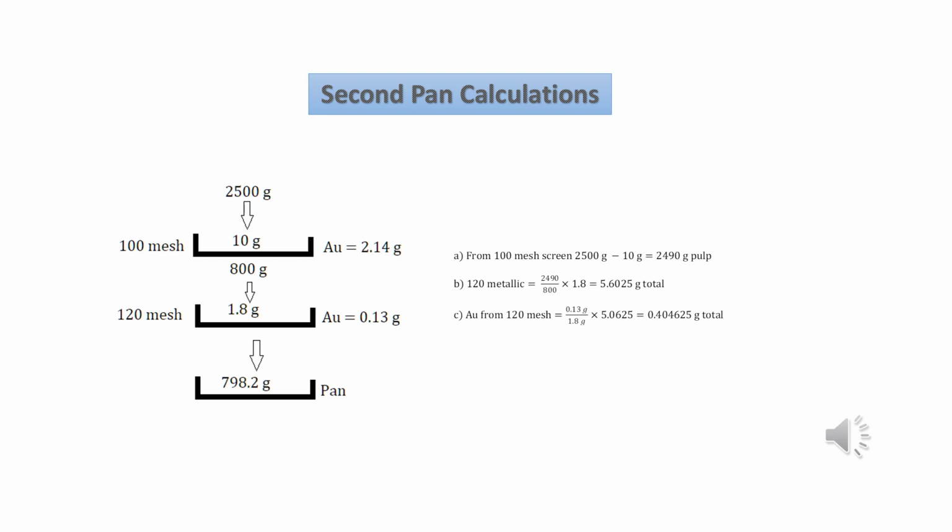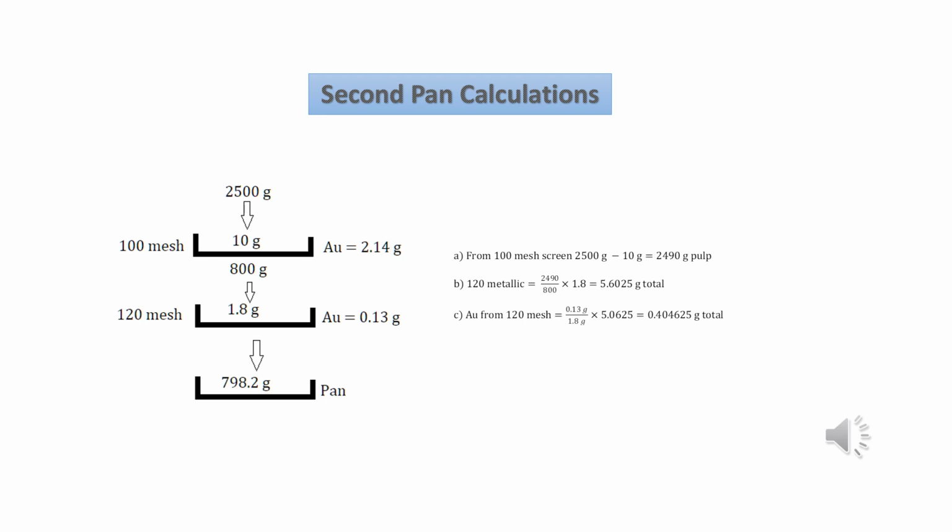Okay, now you've processed the 2,500 grams through the first 100 mesh screen. You ended up with the 10 grams of metallic, which gave you 2.14 grams of gold. But it took you a long time to hand process that 2,500 grams. You don't want to do that. You want to cut your time down.